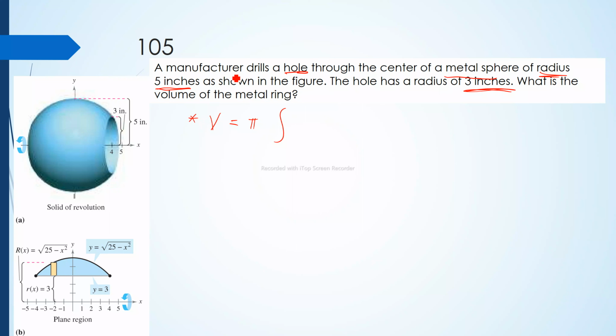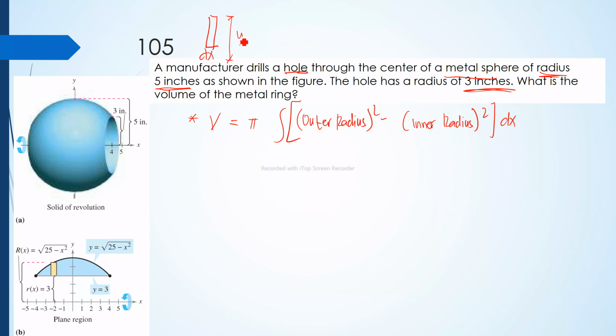That is the square of the outer radius minus the square of the inner radius, dx. Since we are using the vertical strip, we have x as its width, and y as its height for the radius.